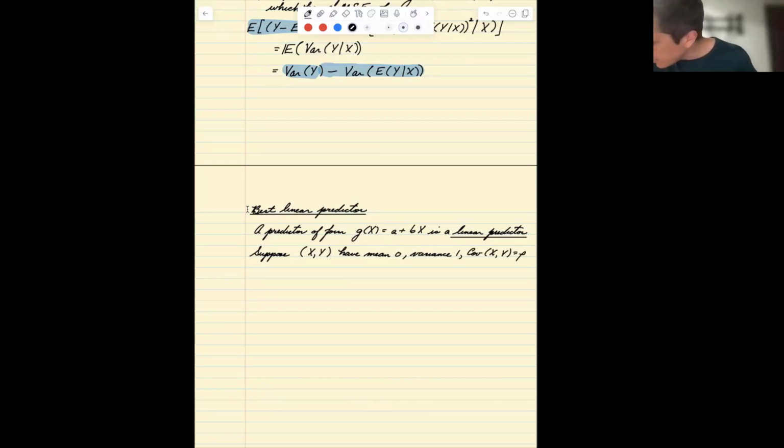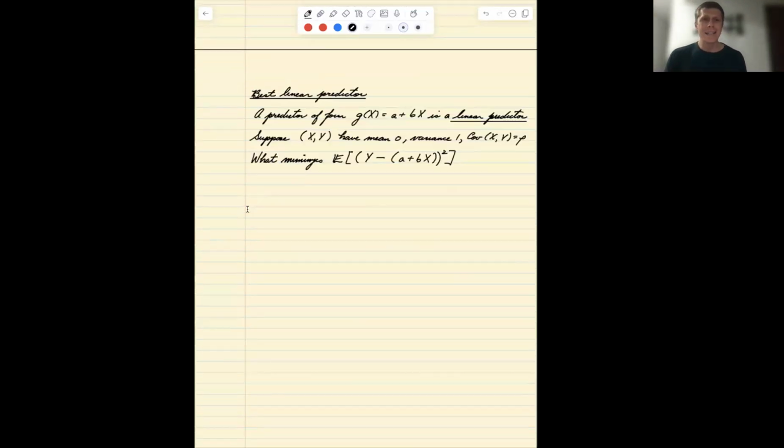Then what minimizes the same expression, the mean squared error, which is the squared deviation of Y from a plus bX? So we're trying to predict Y as a linear function of X.